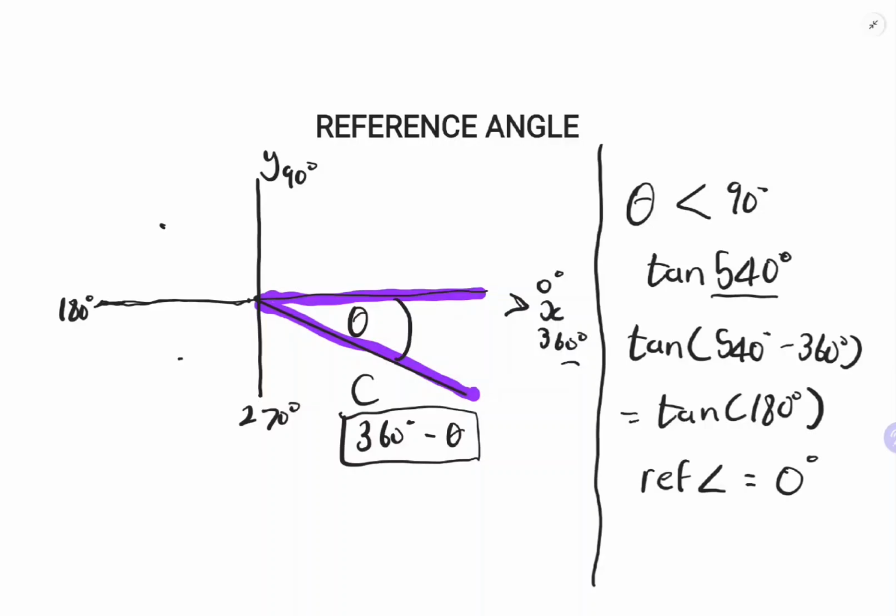Because look, in this quadrant, it's 180 degrees minus a particular angle, or 180 degrees plus a particular angle, and we can see that 180 is in the middle. So even if you use this form or this form, this reference angle over here is going to be 0. So the reference angle here would be 0.